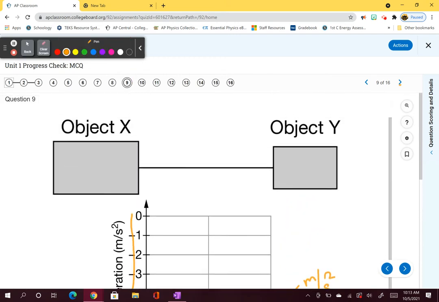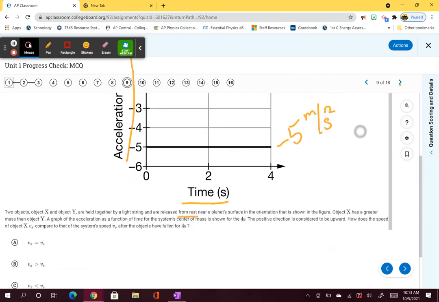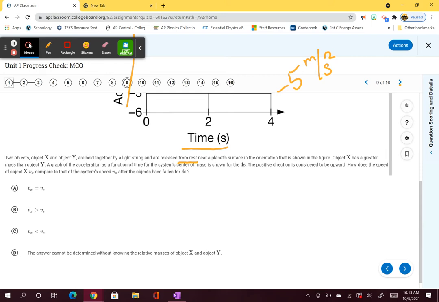Object X has a greater mass than object Y. So we'll say object X has big M, object Y has little m. A graph of the acceleration as a function of time for the system's center of mass is shown for 4 seconds.